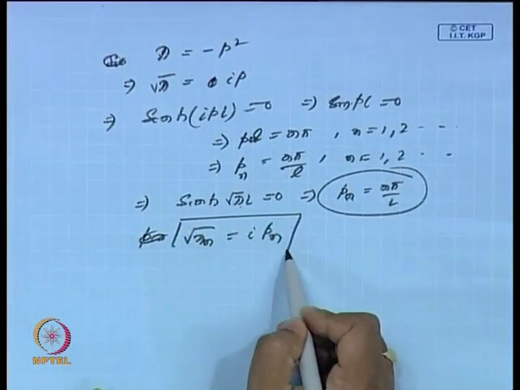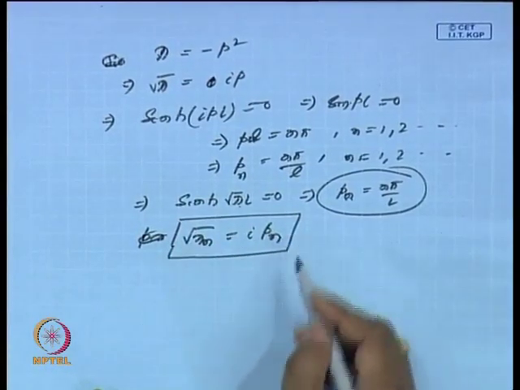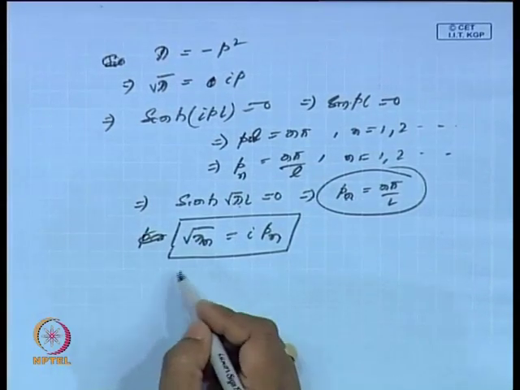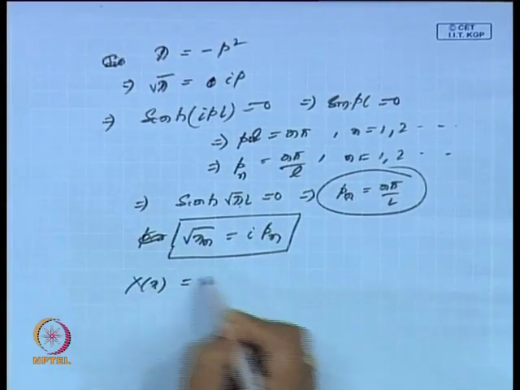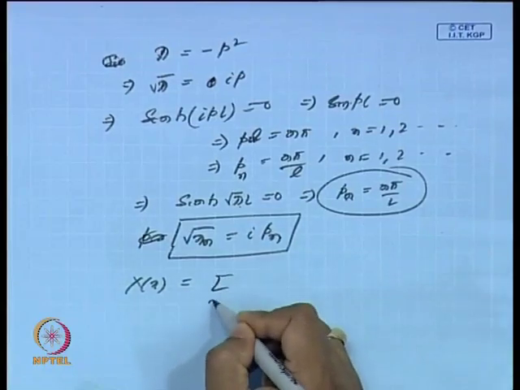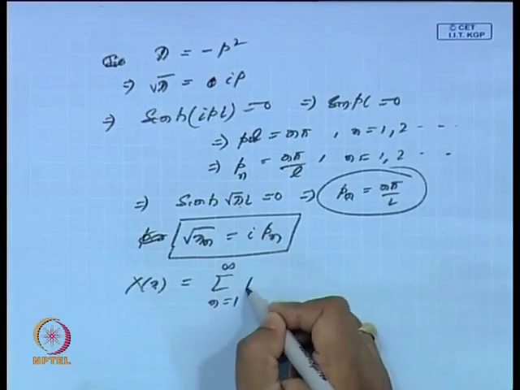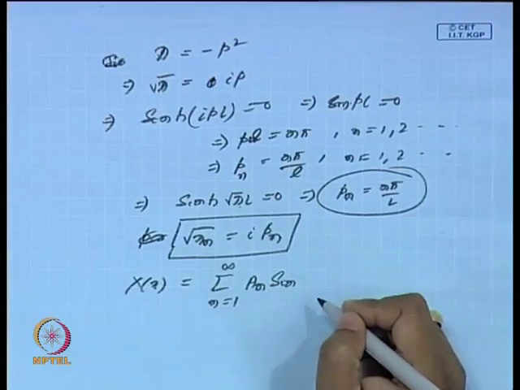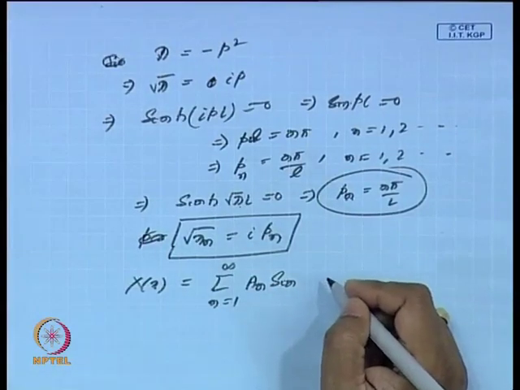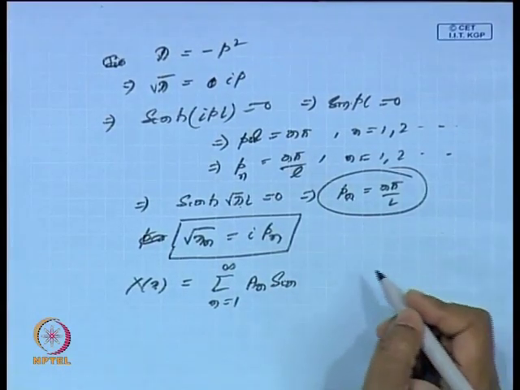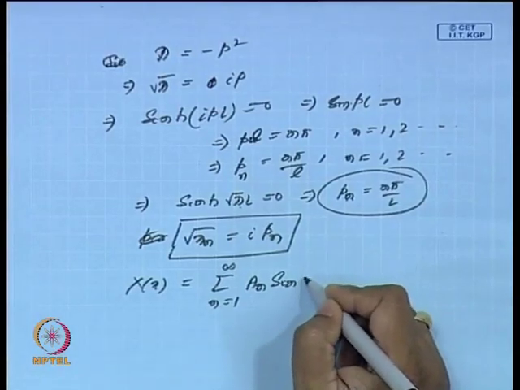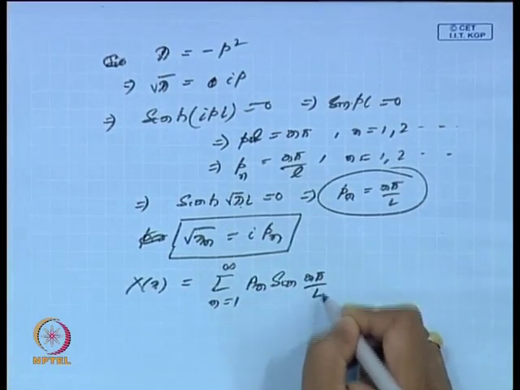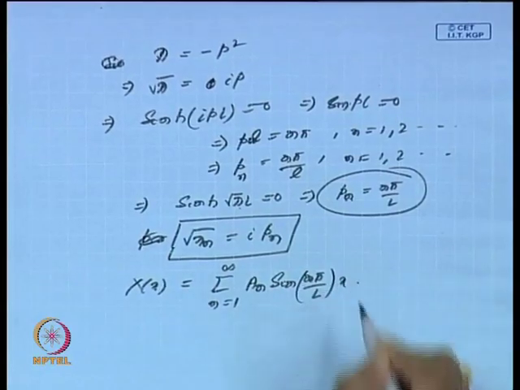In the process I will get my X x as sigma n is equal to 1 to infinity a n sin n pi by L into x.